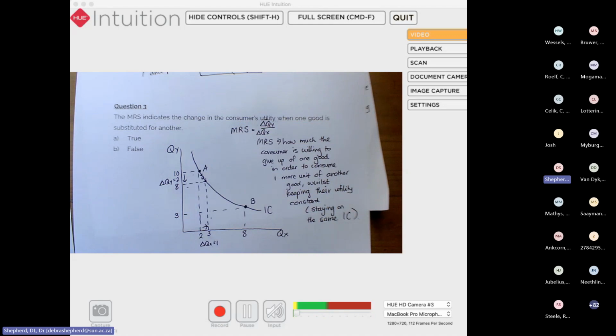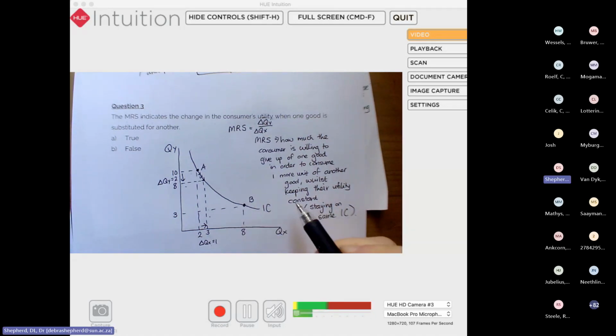To get 1 extra unit of X, I'm willing to give up 2 units of Y and remain on my indifference curve. If we're at point B, and now I want 1 more unit of X, so I'm moving from 8 to 9, and I want to stay equally satisfied, so I want to remain on my indifference curve. What happens to the amount of Y I'm willing to give up?